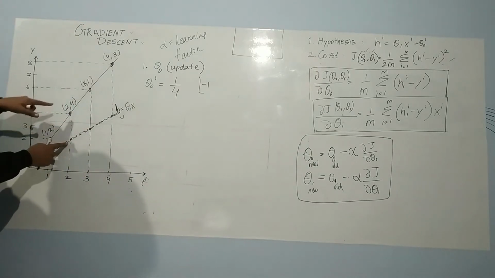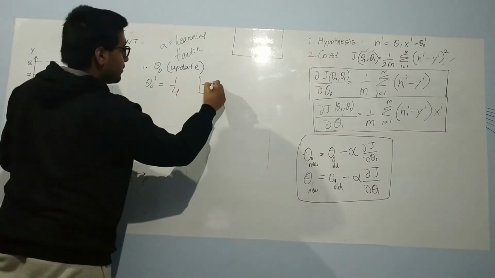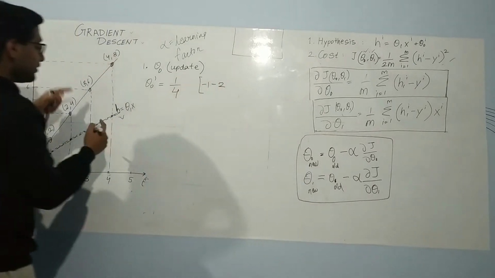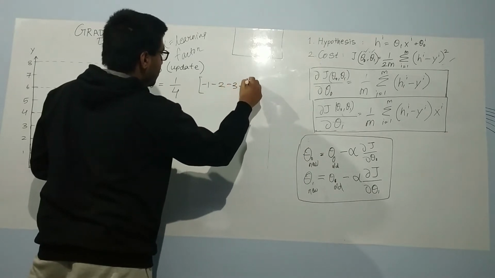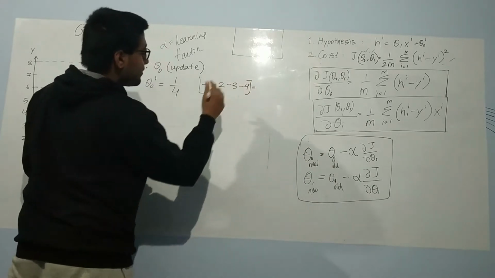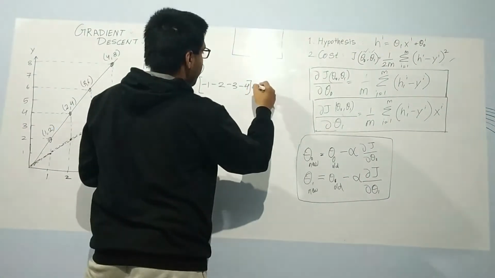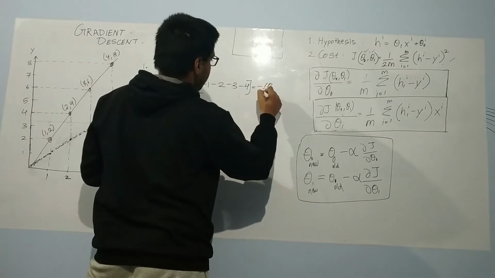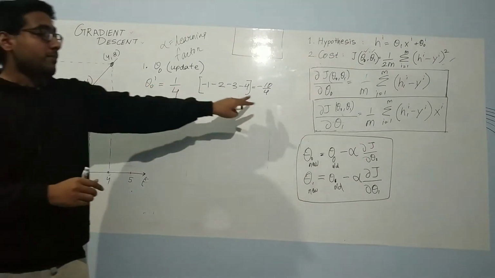Again, predicted minus actual, that is minus 2. Similarly, minus 3 and minus 4. That gives us minus 10. So the derivative for the first term would be minus 10 by 4.